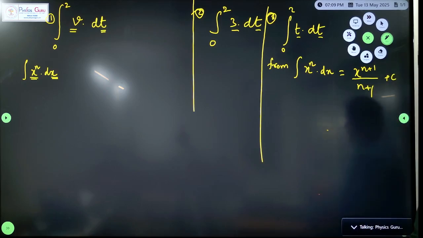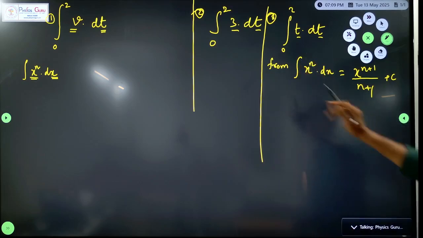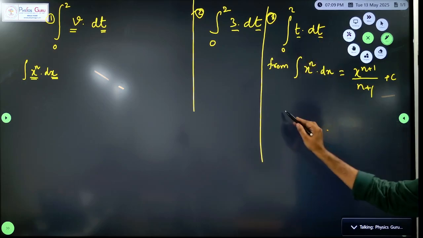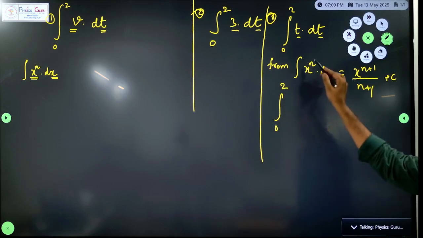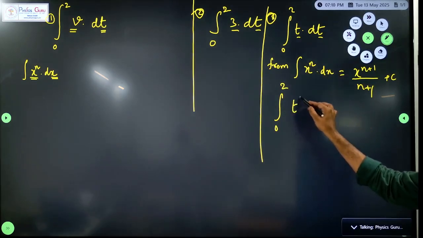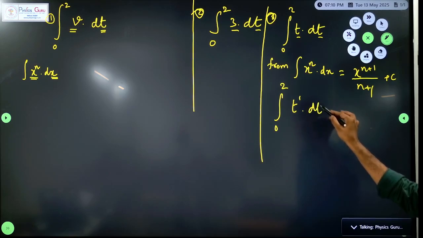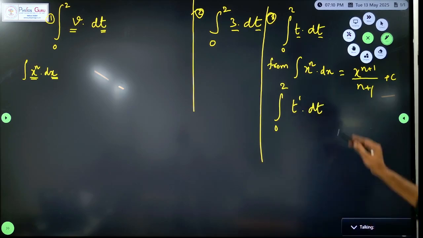For now, let's take the constant as 0. Constant of integration is 0. Simple case. Got it? If you substitute this value, you can just say integral of 0 to 2 t to the power 1 dot dt. Can you get me now?